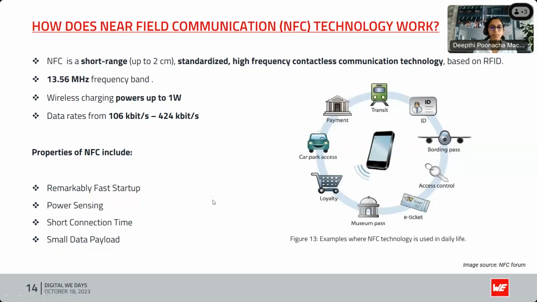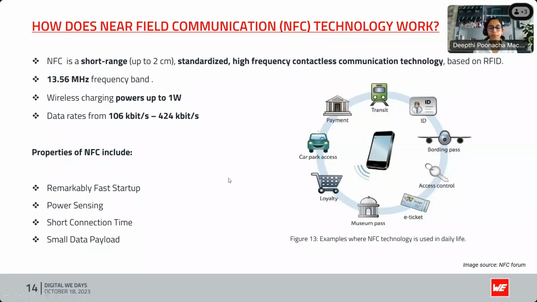So what is near field technology and how does it actually work? Like the name itself says, it is a short range, standardized, high frequency technology, and it has a very short range of only up to a few centimeters, which is still bigger than the wireless power transfer distance of transmission. Here NFC is based on RFID type of technology.